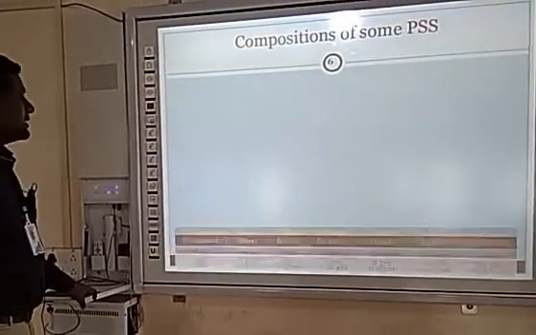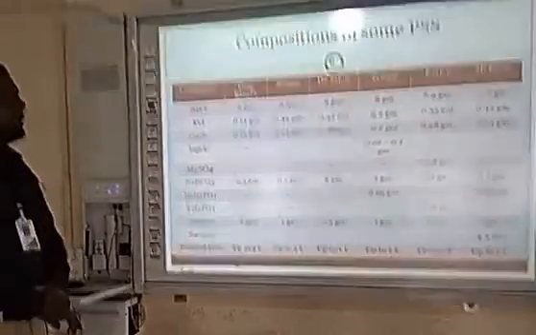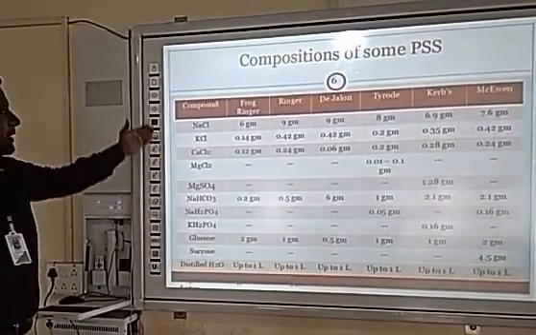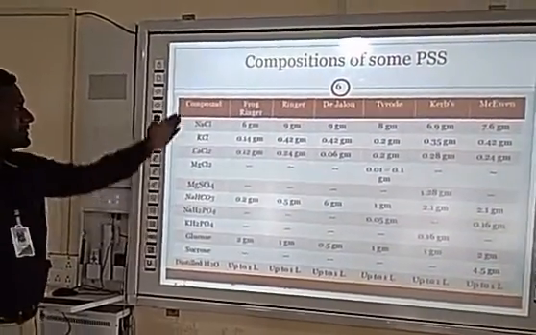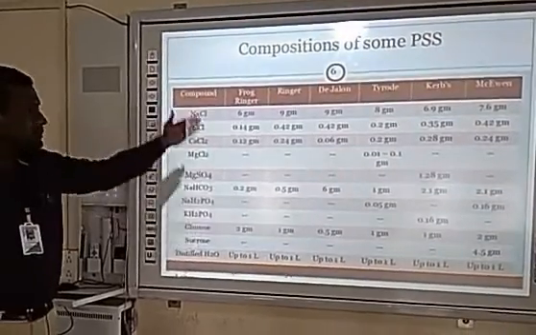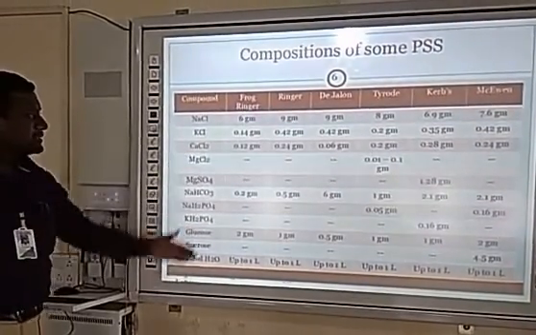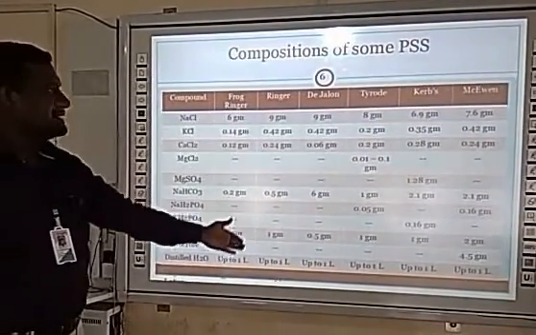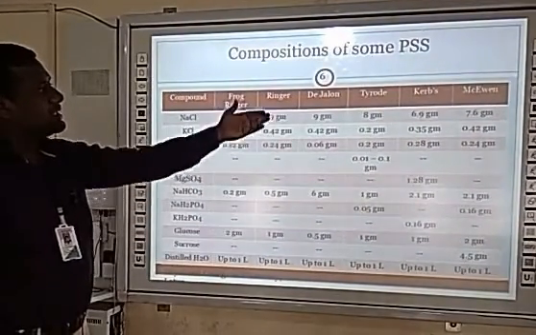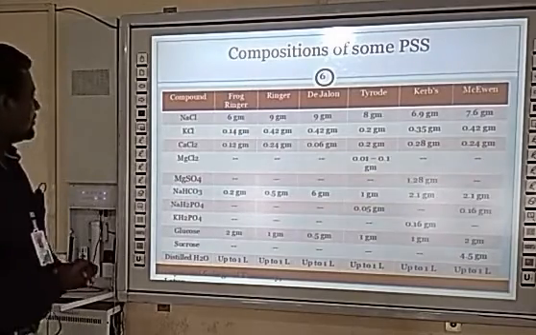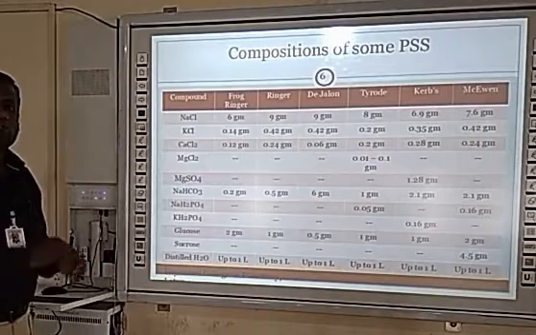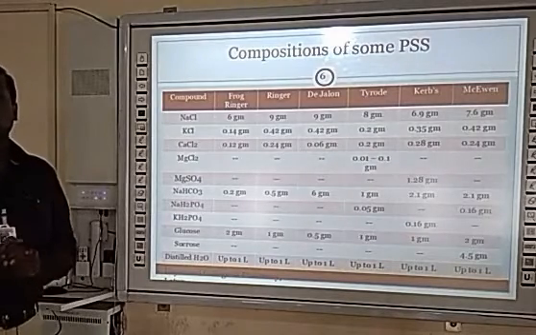In the table, this column indicates the compound, this column indicates the Frog-Ringer solution components, then this column indicates the Ringer solution components, then De Jalon, Tyrode, Krebs and McEwen. First of all we will discuss the Frog-Ringer solution. What are the components of Frog-Ringer solution?